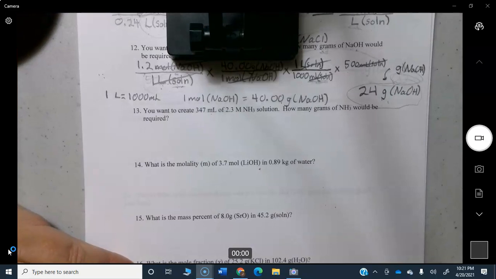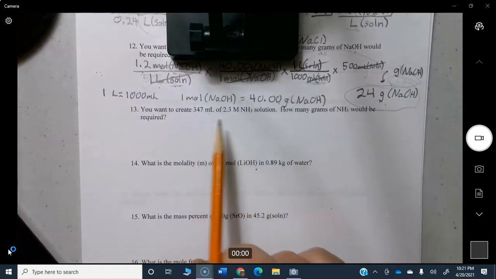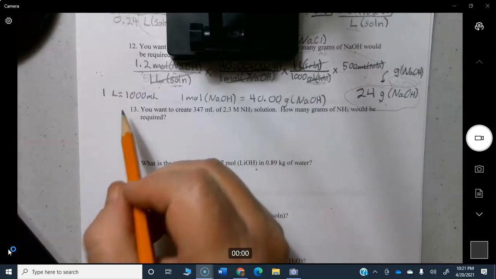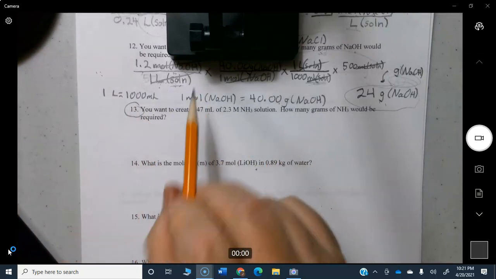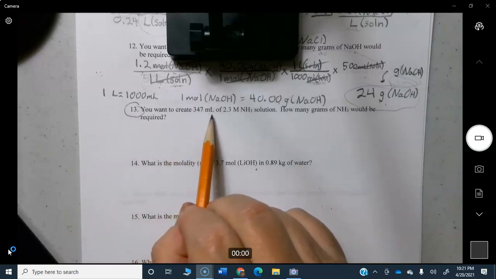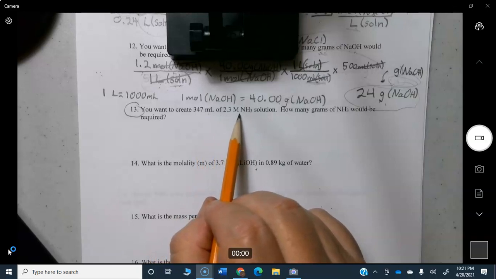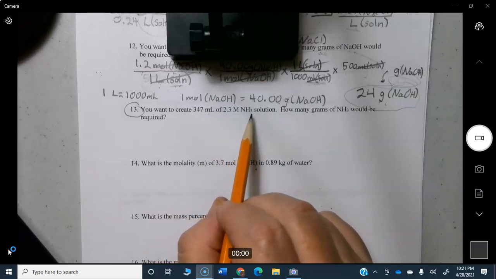Okay, let's keep going. Okay, 13. Again, try it on your own. Actually, I'm going to leave this one for you to do. It's exactly the same as 12. It says you want to create 347 milliliters of a 2.3 molar NH3.